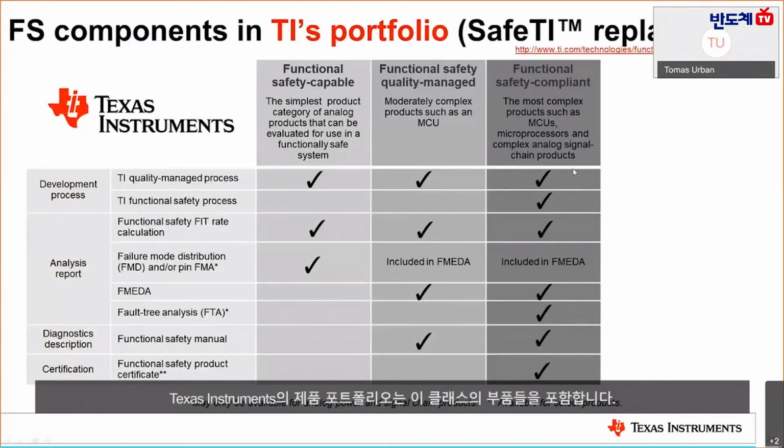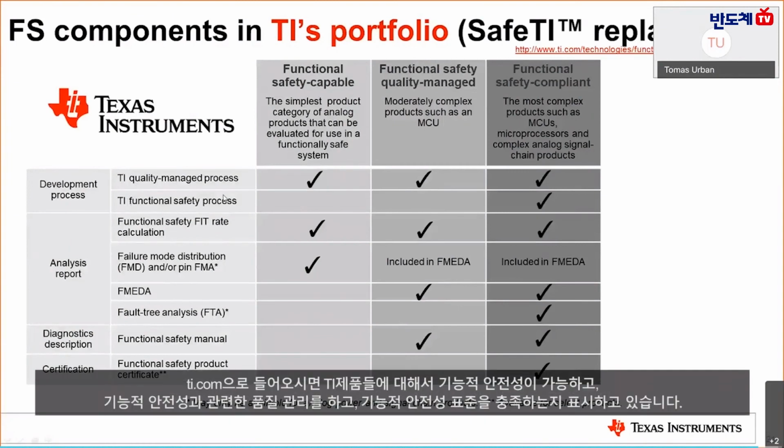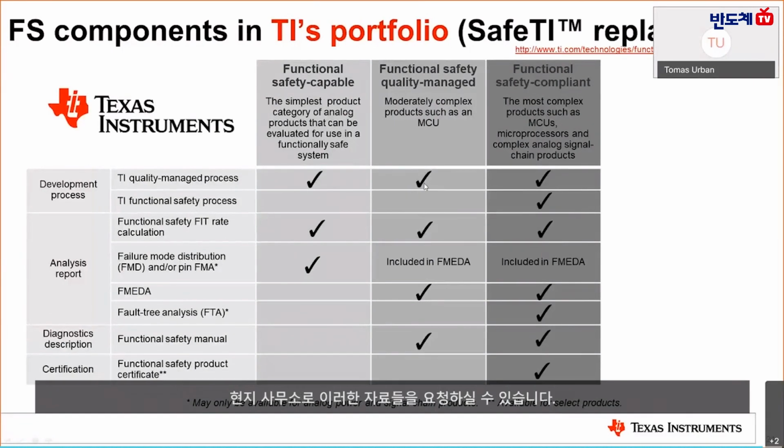These element classes are reflected in the Texas Instruments portfolio, and what you could expect from TI. Any functional safety capable, quality managed, or compliant device is listed on ti.com, and you can ask your representative for that kind of documentation.